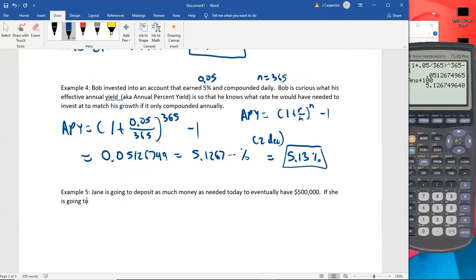She is going to invest to an account, a mutual fund, that can earn 8% compounding monthly. 35 years. How much does she need to deposit?